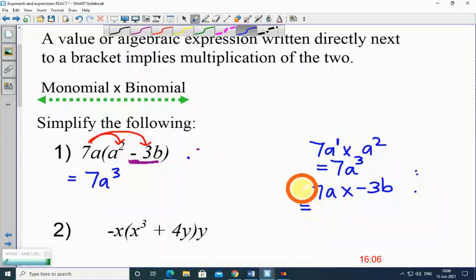We get a plus, because that's what's implied by the 7. A positive times a negative has to be a negative. A 7 times a 3 has to be a 21. And then an a times a b, well, the best we can do there is just say a next to b, which means a times b. Okay, so my answer here is negative 21ab.